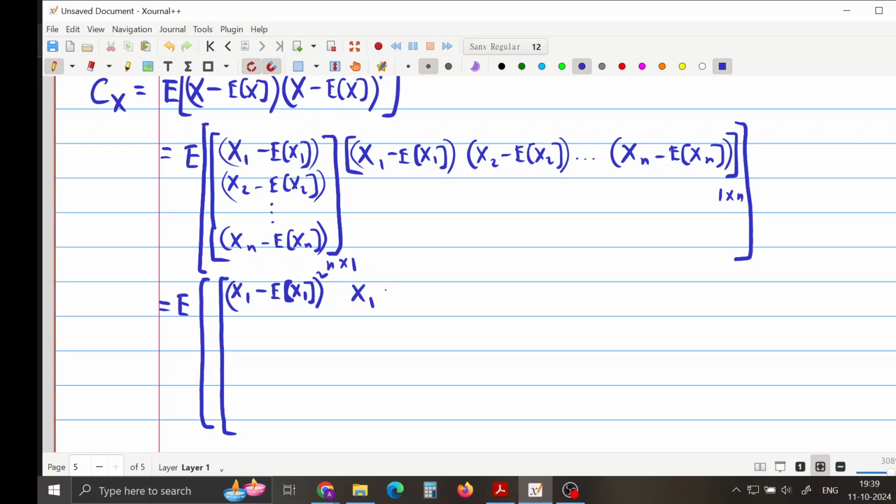The 1 comma 2th term would be this times x2 minus expectation of x2, right? So on, all the way till x1 minus expectation of x1 times xn minus expectation of xn.